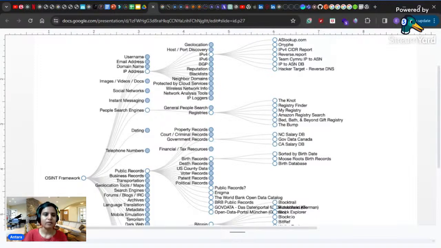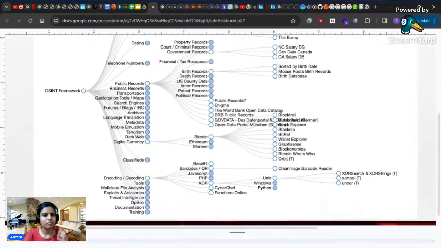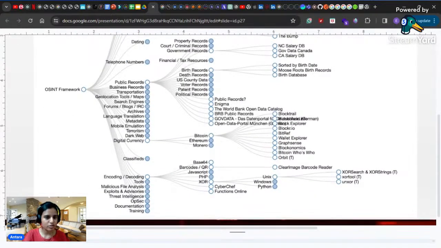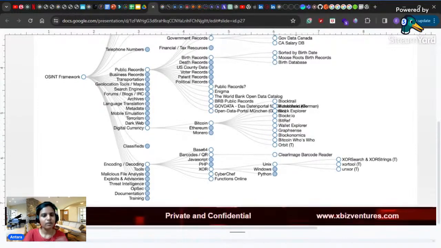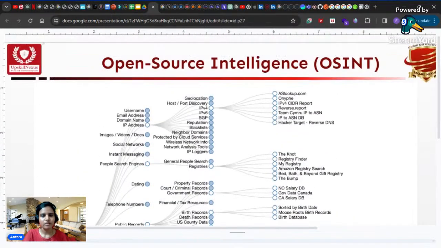Then there are people search engines, instant messaging, public records, and search engines that we just spoke about. Some metadata. Of course, the dark web is one of the major areas one could go for data leaks as well. And there are a couple of other areas to cover.